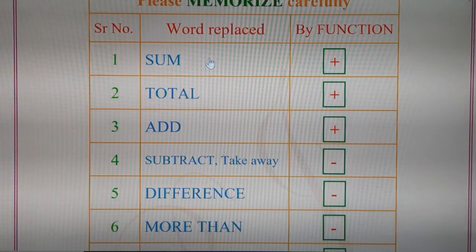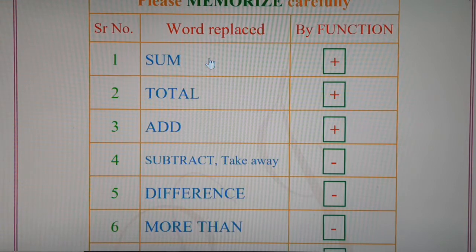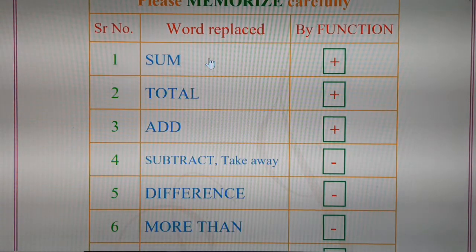Other alphabets are also used, but they are used rarely. A majority of the time the alphabet X or Y or Z is used to replace the unknown values or the unknown numbers. And these alphabets which are replaced in the equation, those alphabets are known as variables.